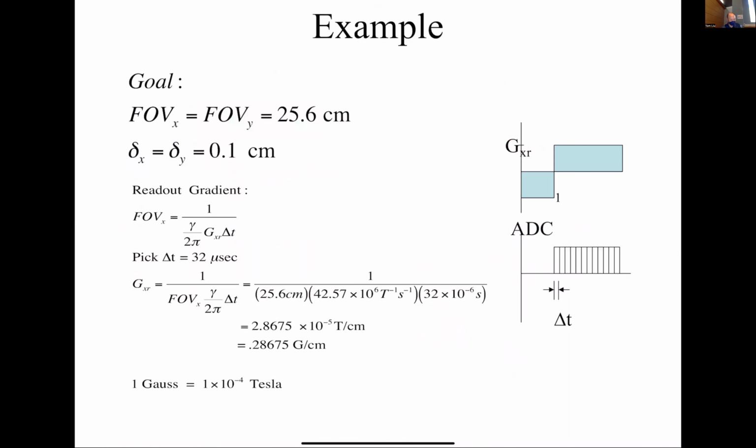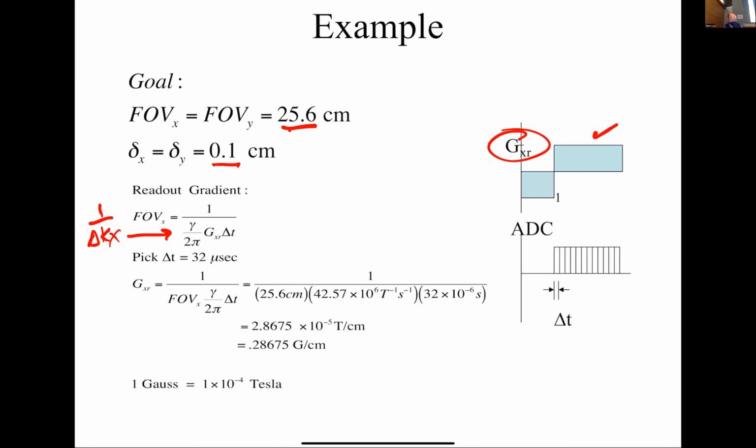So let's look through an example. Let's say you're given a field of view of 25.6 centimeters and a resolution of 0.1 centimeters, or 1 millimeter, and you have to design this readout gradient, the GXR value. The first thing you can say is that the field of view of x is 1 over delta kx, which equals gamma over 2 pi times GXR times delta t.